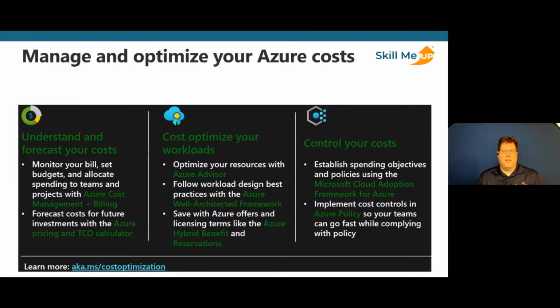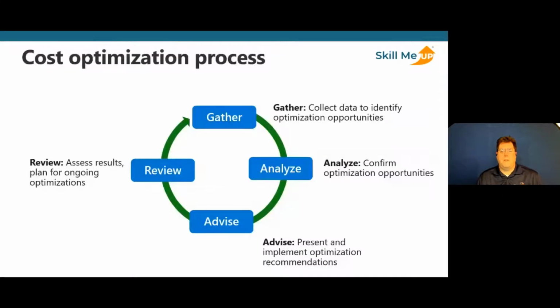There's actually a policy initiative around the cloud adoption framework within Policy that we can utilize and implement, along with proper best practices to optimize cost. We can identify locations, workloads, and virtual machine SKUs that we allow within our environment to control our budgets as well. So there are many tools within the Azure environment that can help us optimize costs.